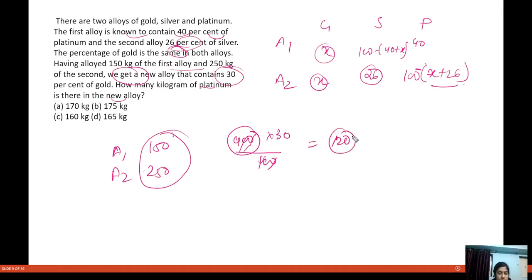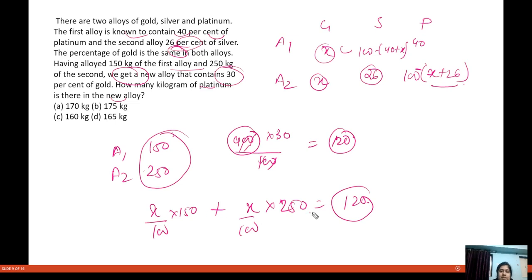Now you know that X percent of this 150 kg, plus X percent of this 250 kg, is giving us 120 of gold. So obviously you will have to add this. Take this common, this will come to 150 plus 250 divided by 100 is equal to 120.